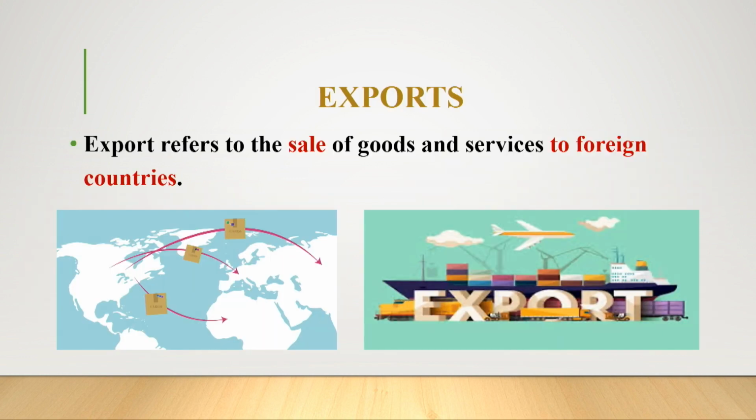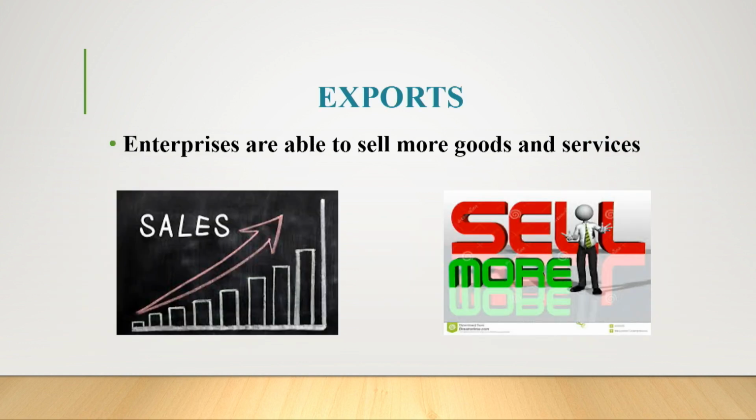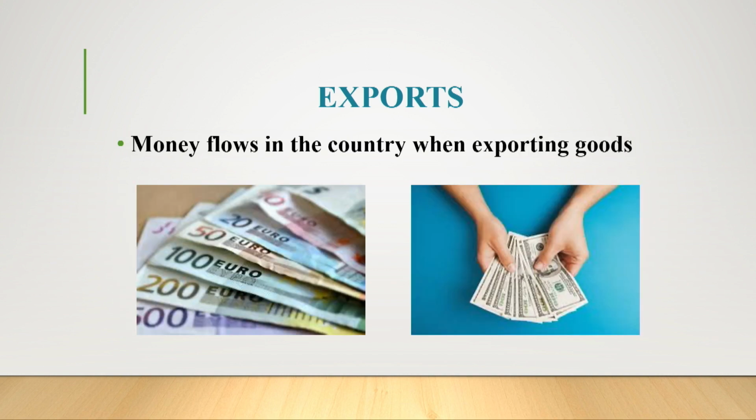What is export? Export refers to the sale of goods and services to foreign countries. Export allows enterprises to sell more goods and services. In return, money flows in the country when enterprises export goods.